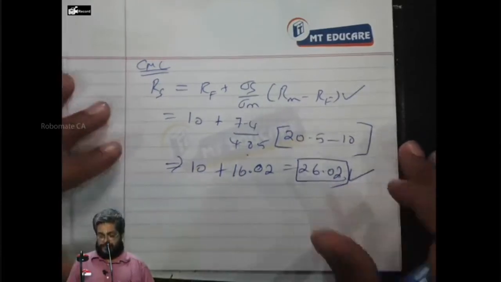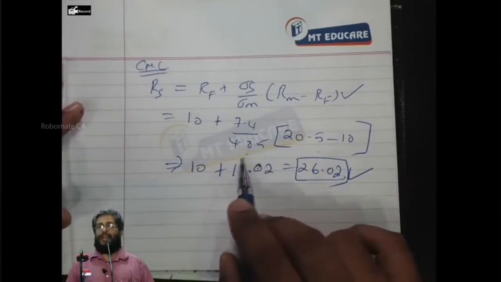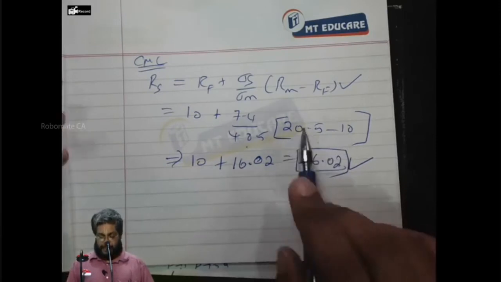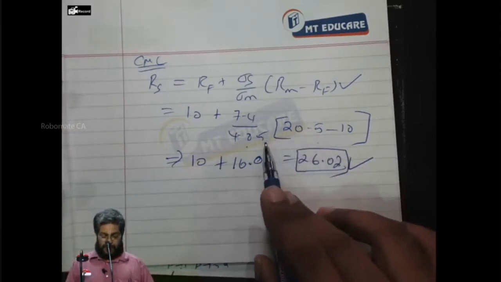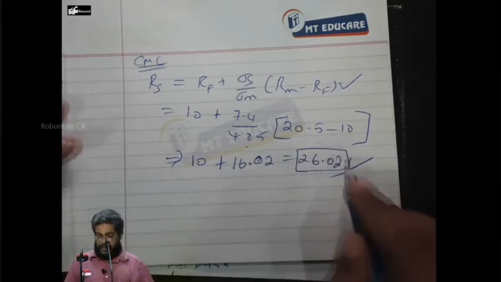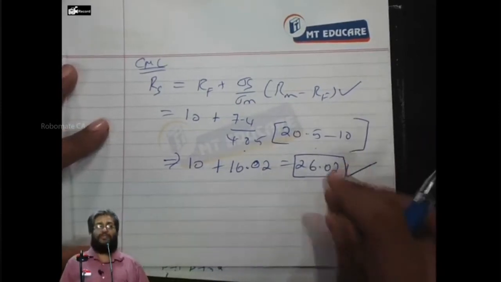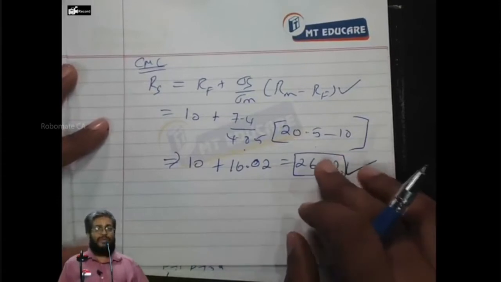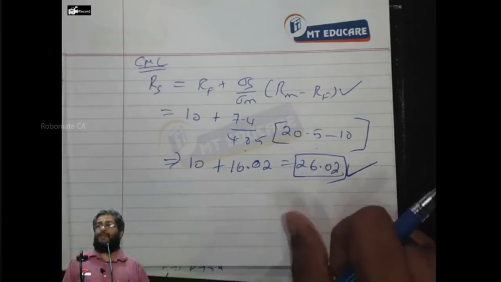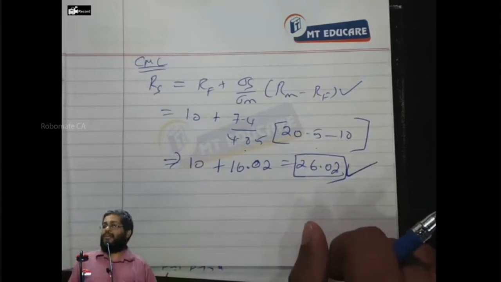That is 10 plus 7.4 by 4.85 into 20.5 minus 10, which is equal to 10 plus 16.02, which is 26.02. Please, quiet. 26.02. Stop talking. Can I proceed or not?